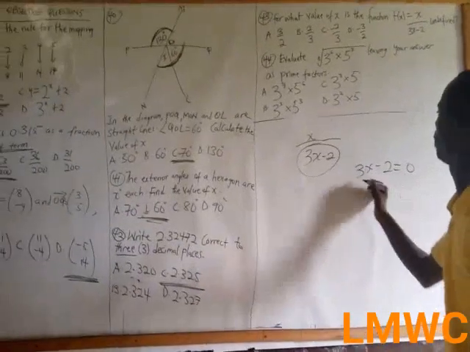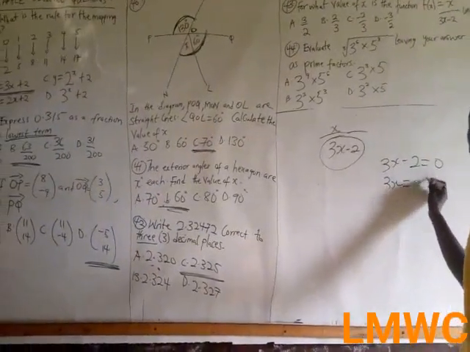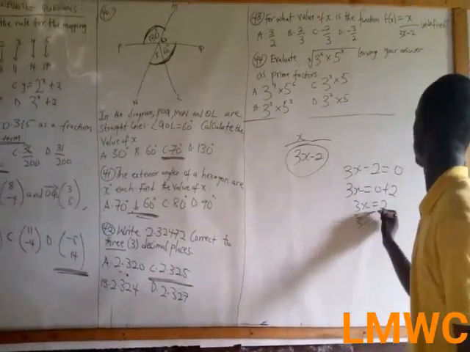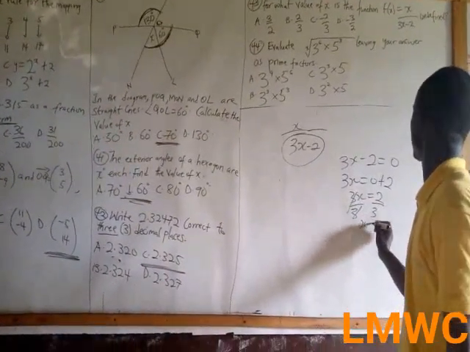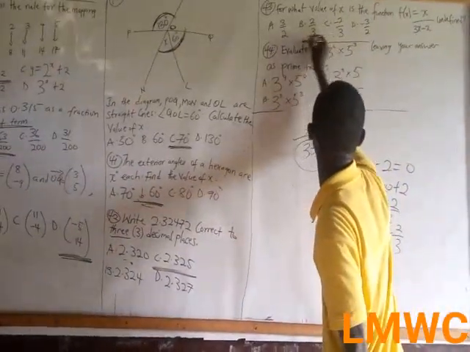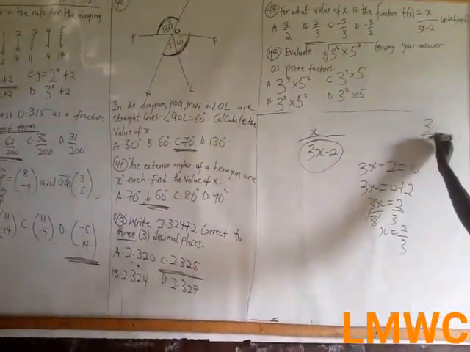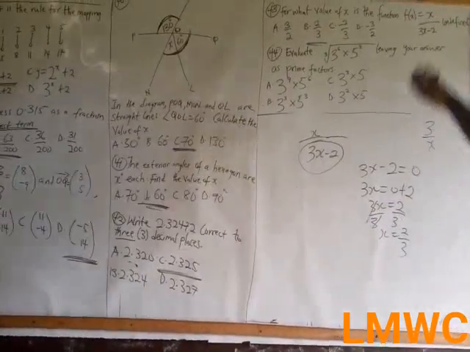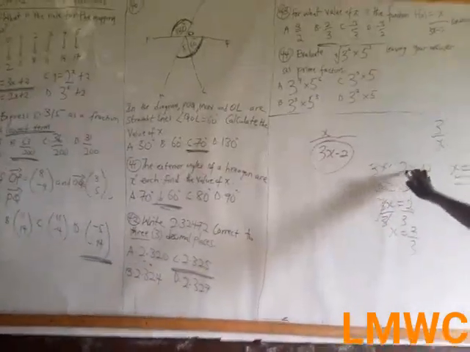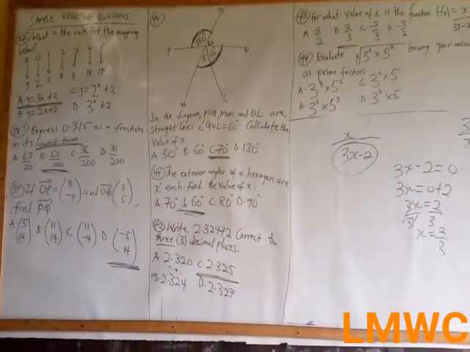It's a principle. So 3x equal to 0 plus 2. 3x equal to 2. You divide through by 3. We have x is equal to 2 over 3. So our answer is B. If they even give you 3 over x, find the value of x, it becomes x is equal to 0 because I say always equate it to 0.